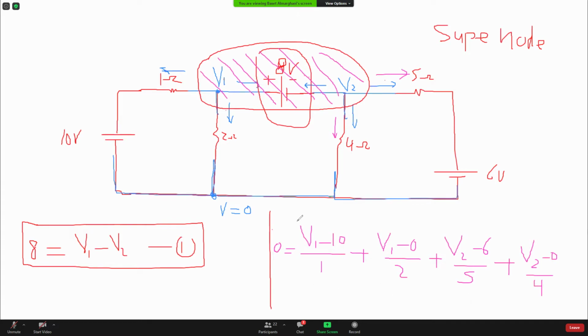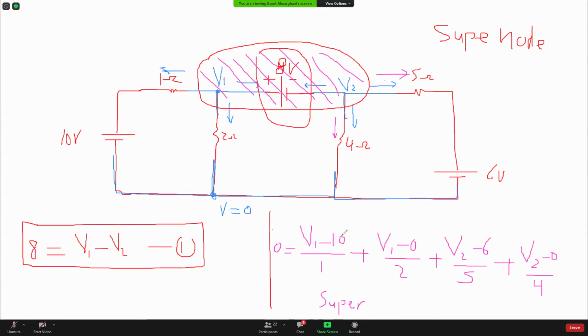So the two equations are the source equation, the voltage across the source is actually the difference between the voltages at the nodes. The second equation, this is the supernode equation. So both nodes, we consider them as one node, nothing in between.